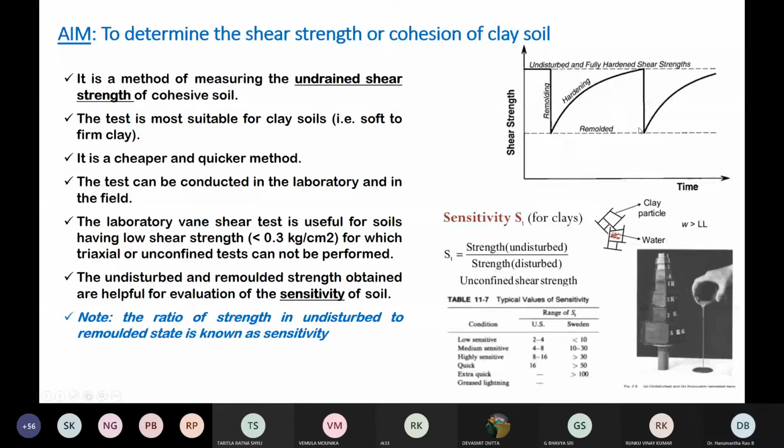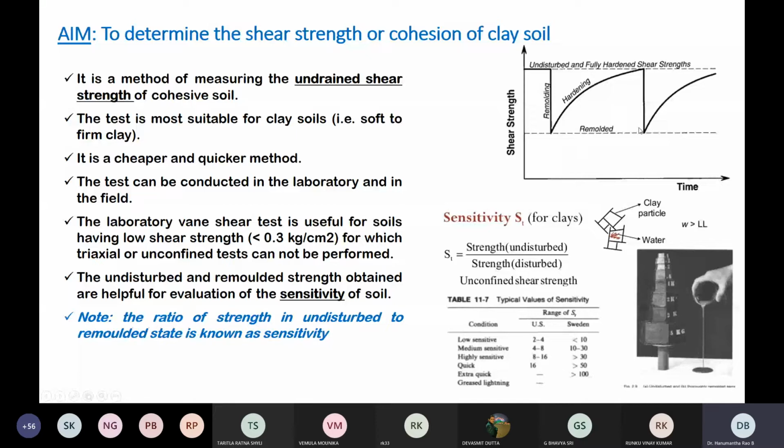Now you take the clay and convert the clay into slurry, as shown in this book. The moment you have converted the clay into slurry, you try to determine its strength. What you are getting is the strength of the undisturbed soil turned into slurry. You caused a disturbance.